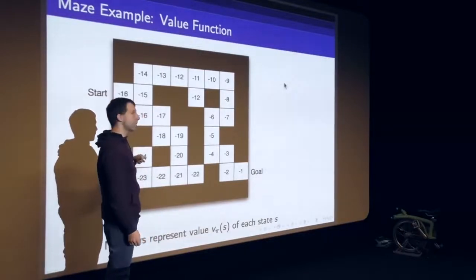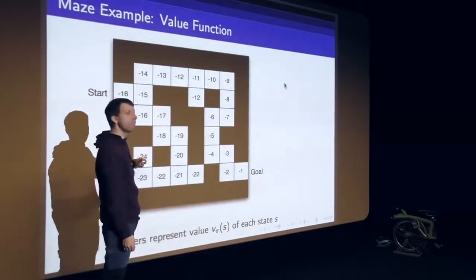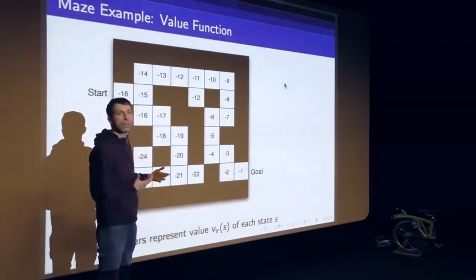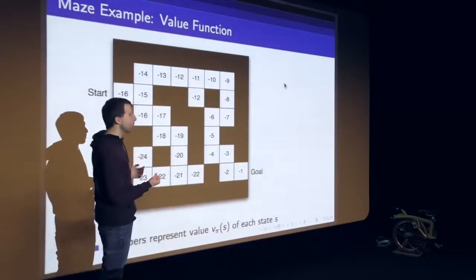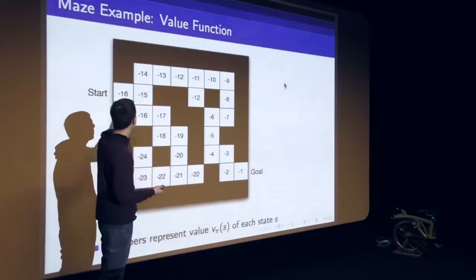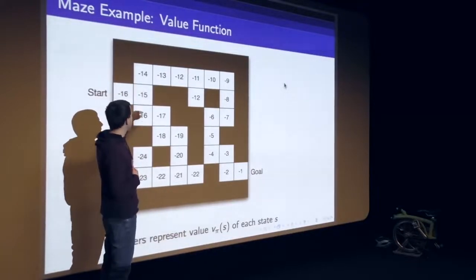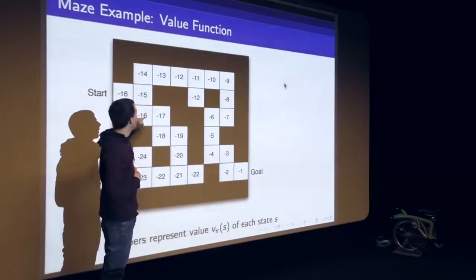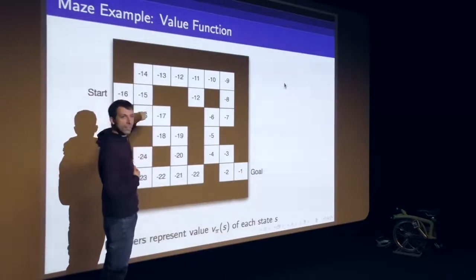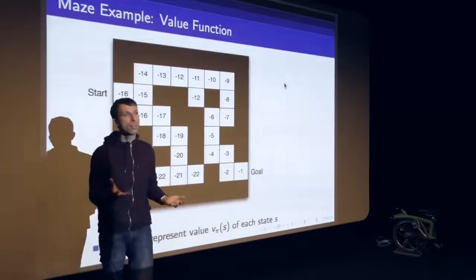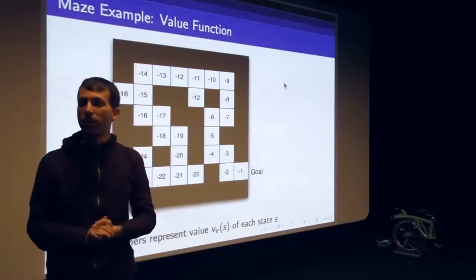We can have worse values. You know, if we're stuck over here and we've gone the wrong way, we might have a value of -24. Now we have these values, it's very easy to build an optimal policy because, for example, when we get here, we can just look up what's the value of going north compared to the value of going south, and it's very clear that the value of going north is greater than the value of going south, and so this is useful, gives us a basis for optimal behavior.